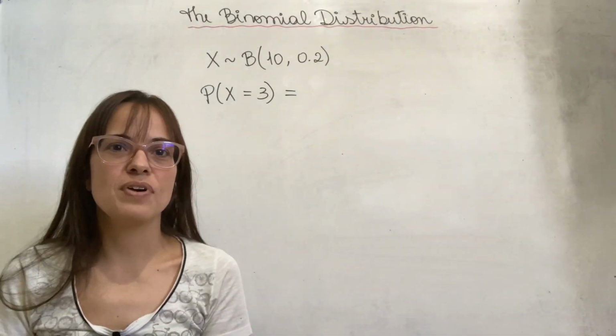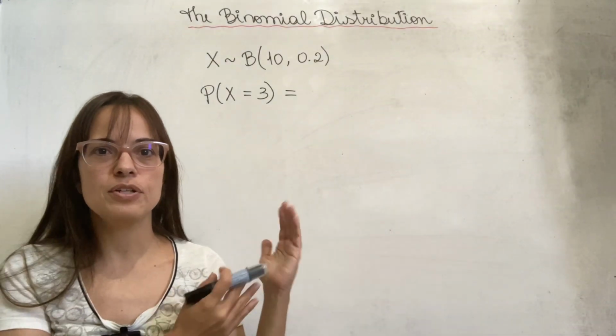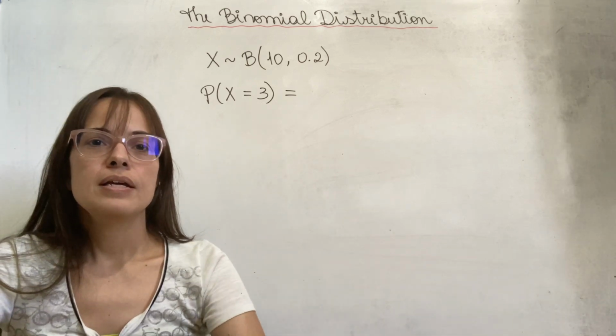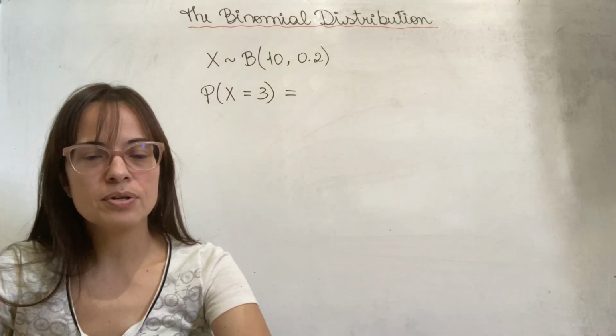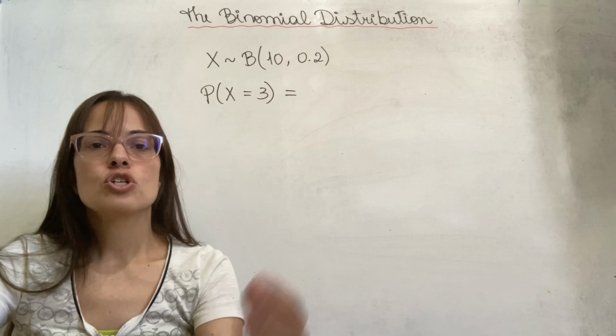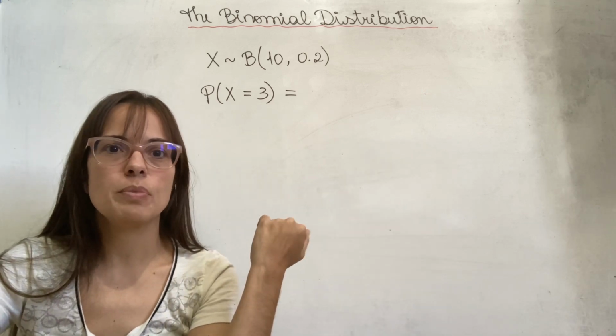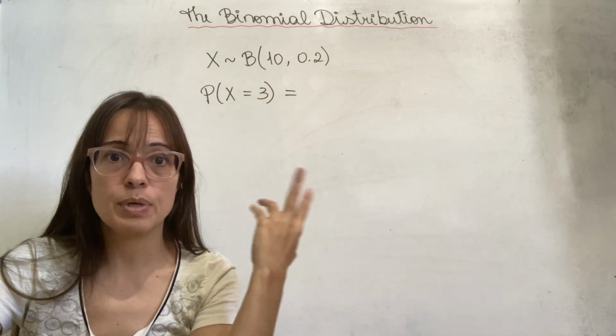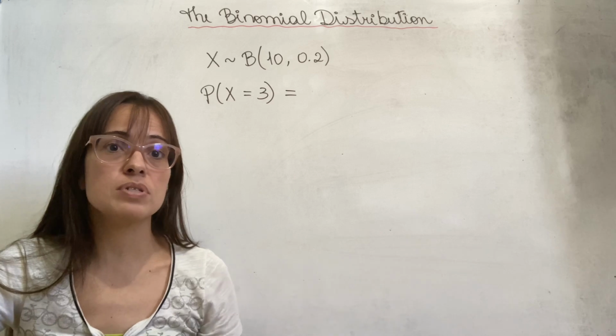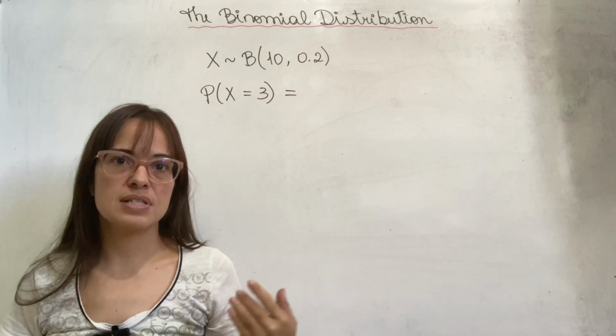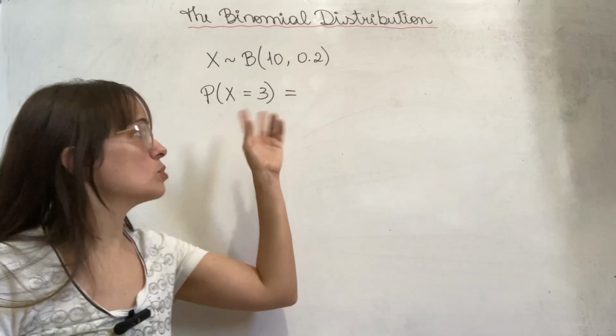All right, so finally here is the binomial distribution. It is about repeated trials and number of successes. So here's a very typical example. My variable x has a binomial distribution with 10 trials, and the probability of success in each individual one is 0.2.